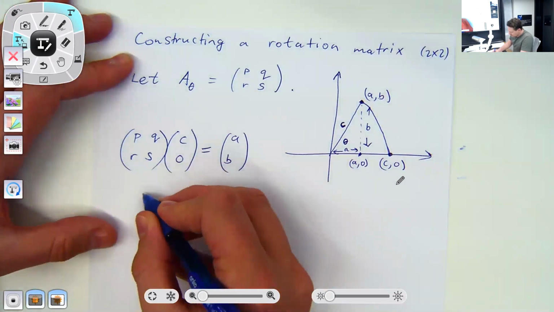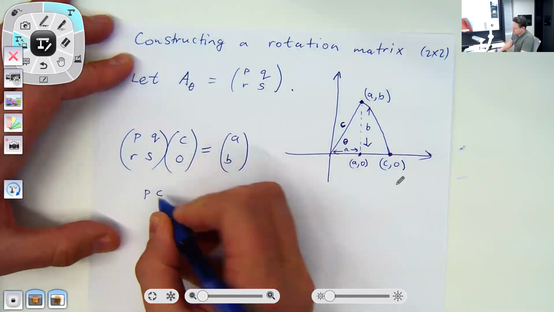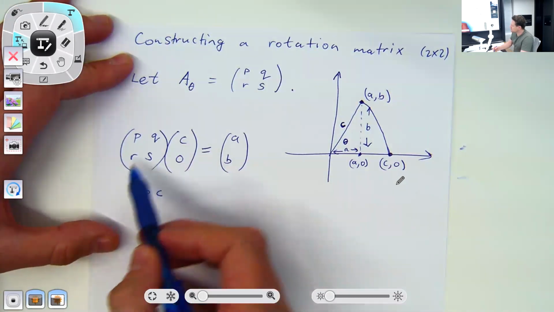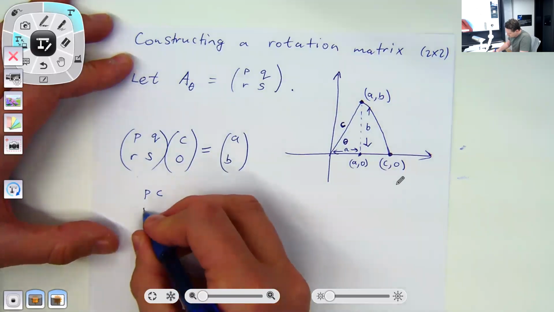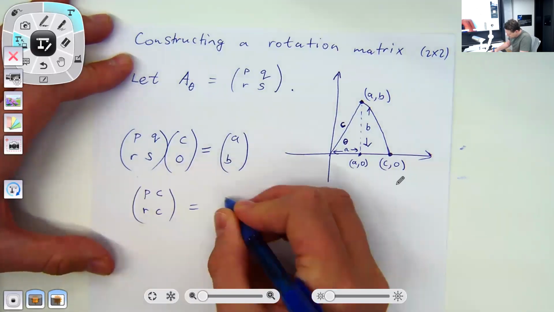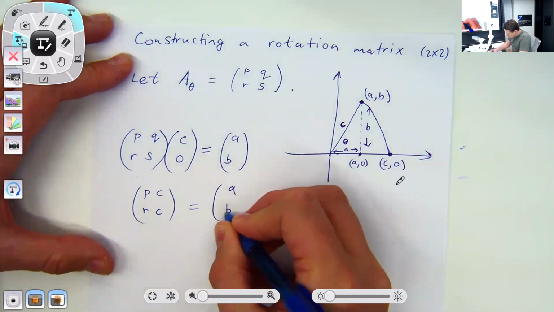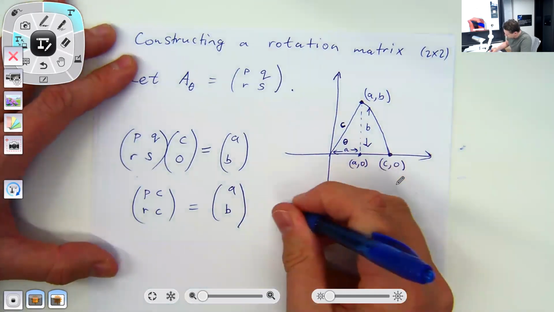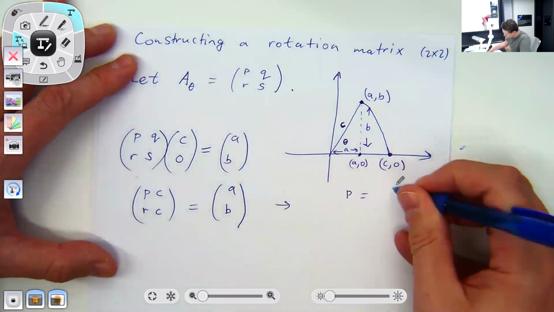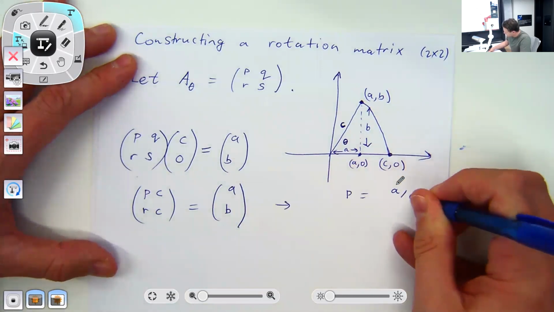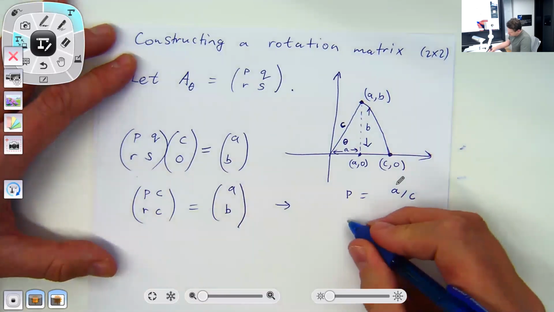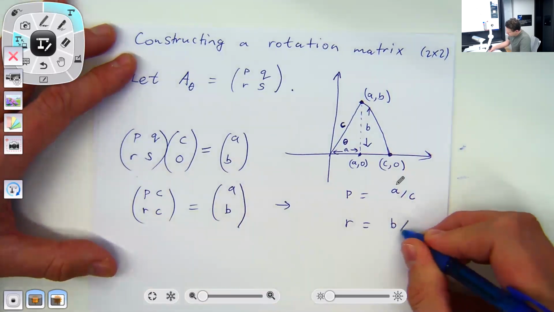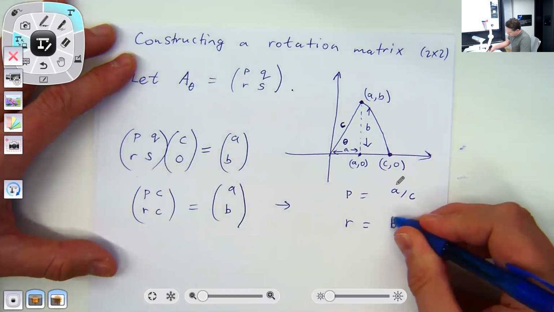So we end up with P, C. All right, the bottom one, R times C plus 0. So R times C, and that's equal to A, B. All right, so now we have our P and R straight away, right? Because from this, we get that P is equal to A divided by C, and R is equal to B divided by C.